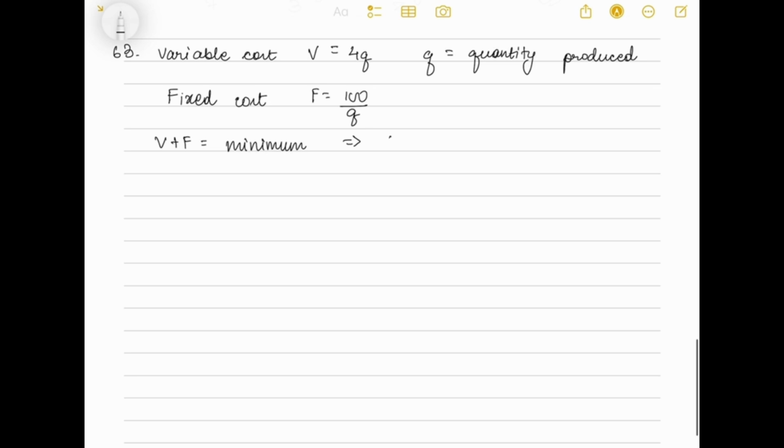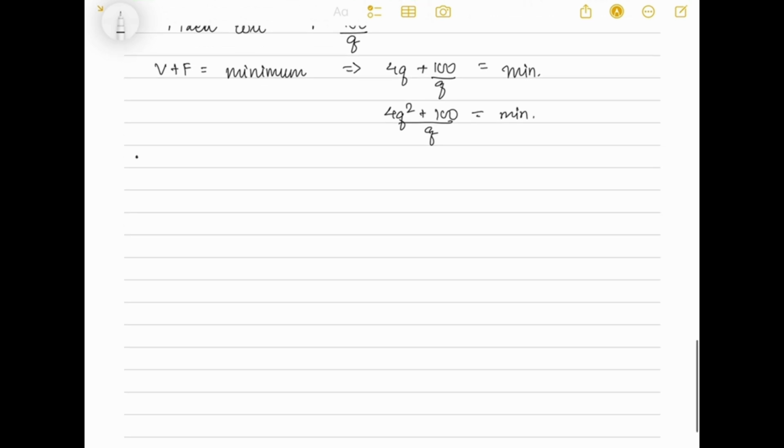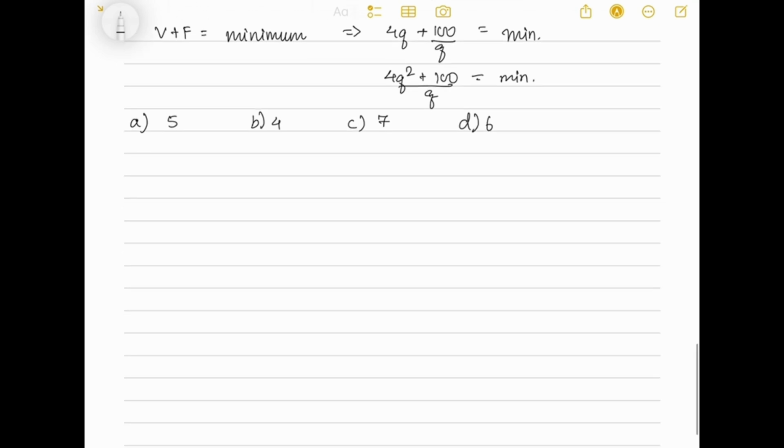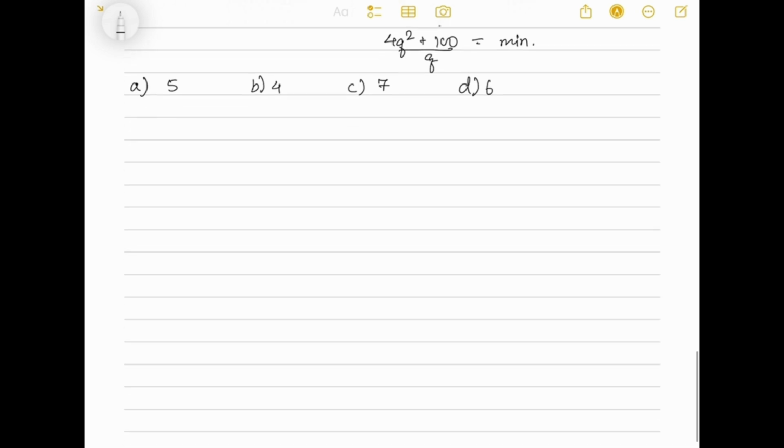That means your 4Q plus 100 by Q should be minimum, which means your (4Q square plus 100) by Q should be minimum. Now you have been given some options: 5, 4, 7 and 6. Again, this is one of the questions where you have to input all of the options given to you, and then figure out what will be the answer.